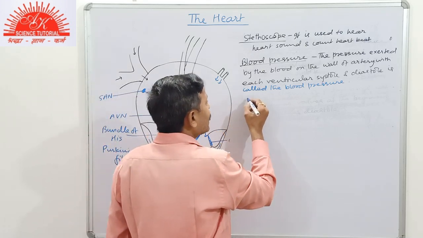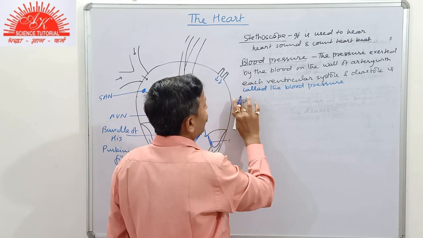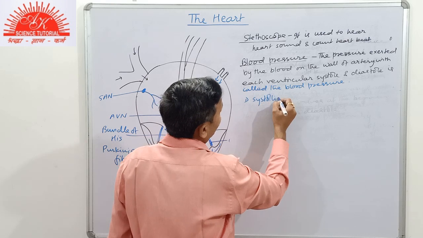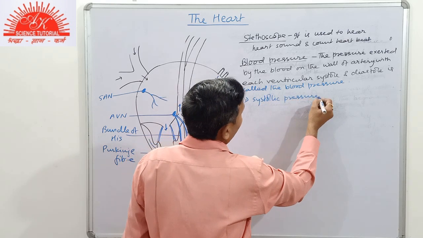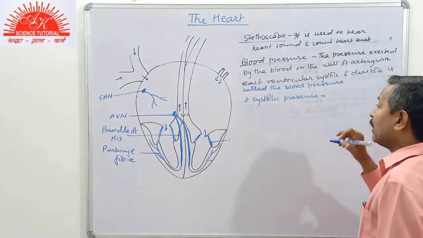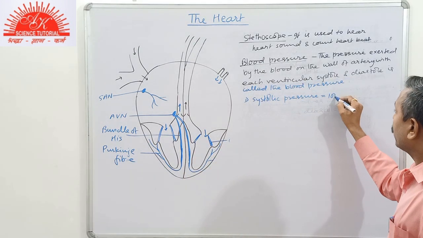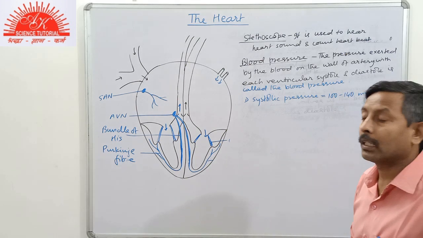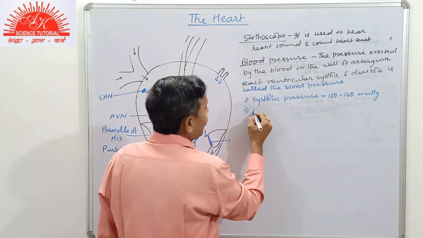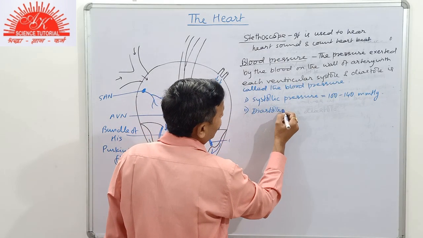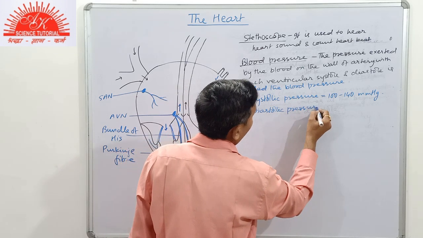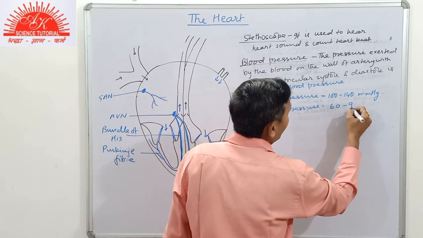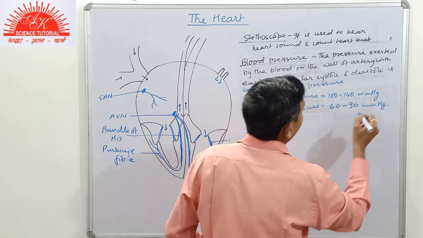Now, there are two components of it. The first is systolic pressure, also termed the upper limit, and the upper limit of blood pressure is between 100 to 140 mm of Hg, mercury pressure. The second is diastolic pressure, which is 60 to 90 mm of Hg.